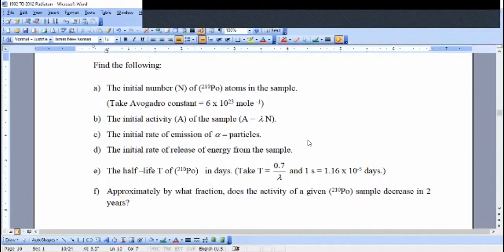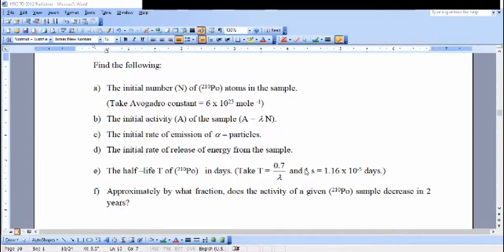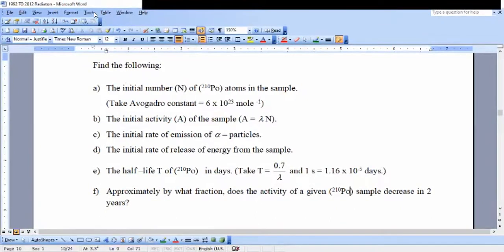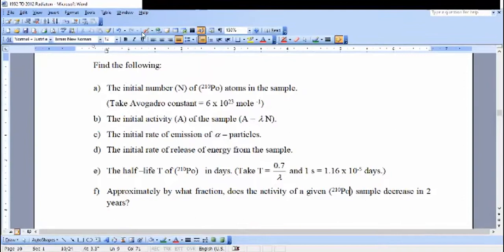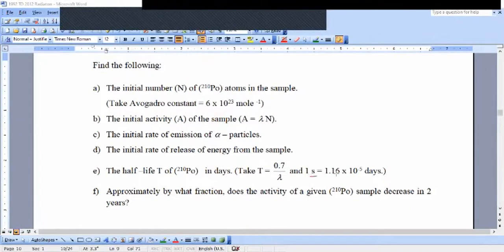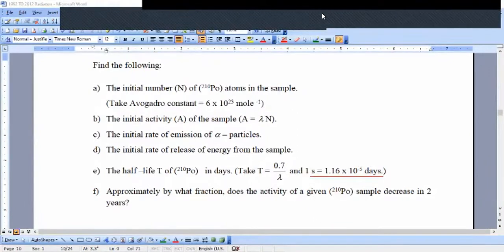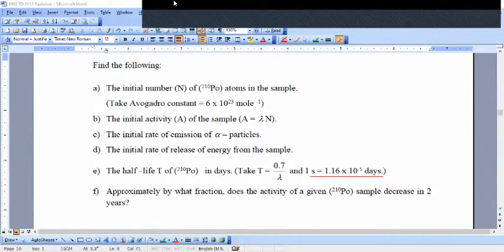Here it is given, I think you all will hear me. 1 second is equal to how many days? Somebody unmute the mic and tell me. Please don't waste the time.